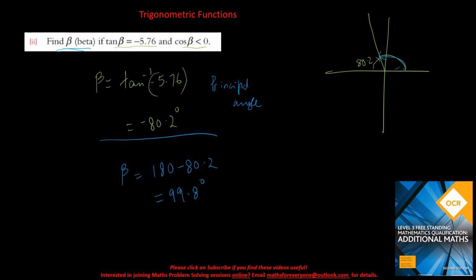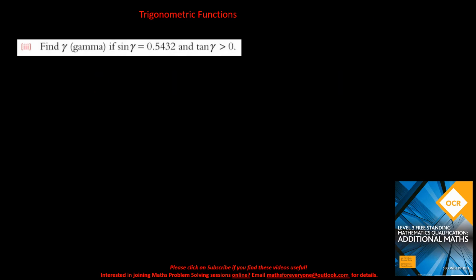Okay, the next question. We have to do the similar thing again: all, sine, tan, cos. Here we have all the Greek symbols. We got beta there, we have gamma here. So we have to find gamma if sine gamma is this and tan gamma is greater than 0.